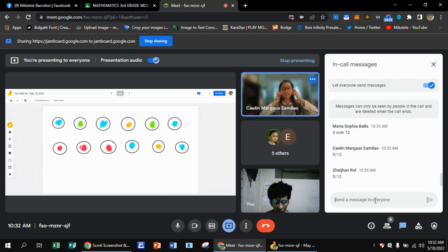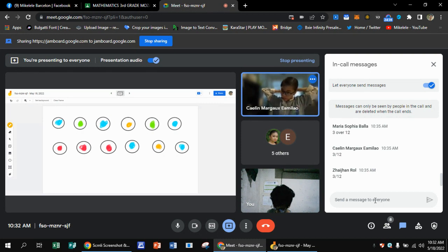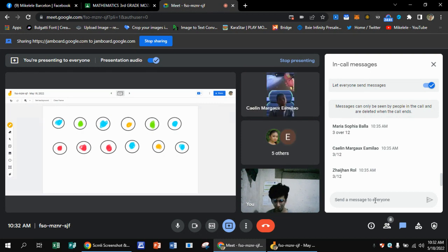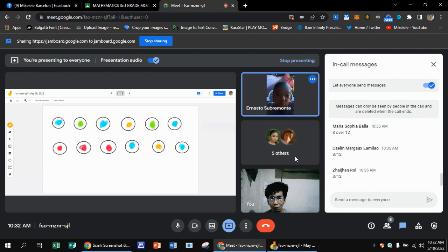I'm doing the slash because it's not so easy. 3 over 12. Tunay ba? Red? Tatlo lang ba yung red?